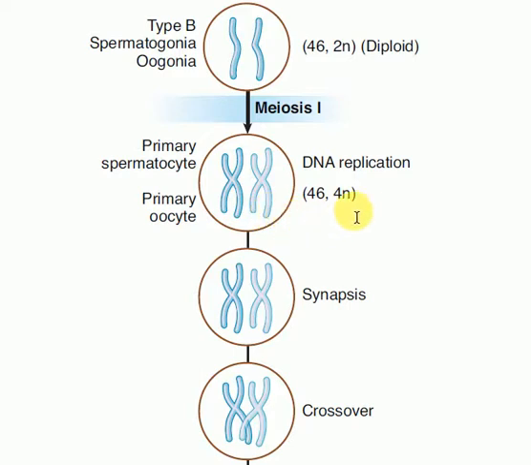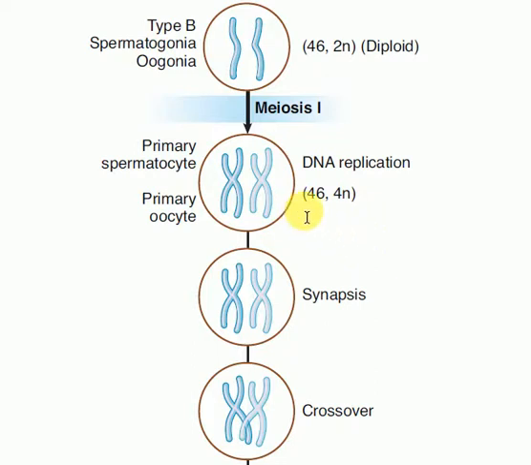So it becomes 4n. Now there are four strands of chromosomes. Each strand of chromosome is known as a chromatid. So this is one chromatid and this is the other chromatid, and they're held together at the center by a point known as the centromere.